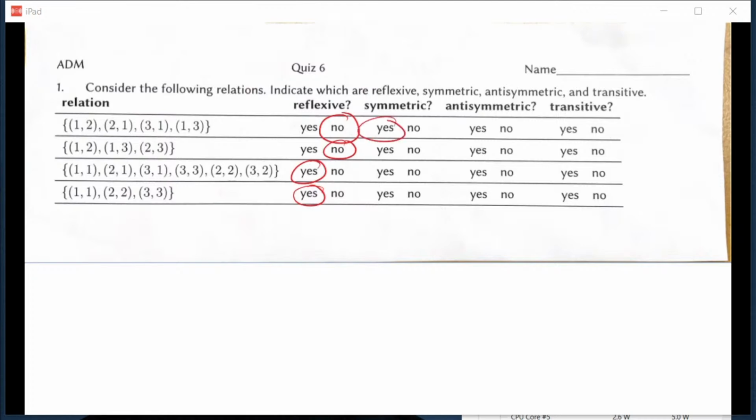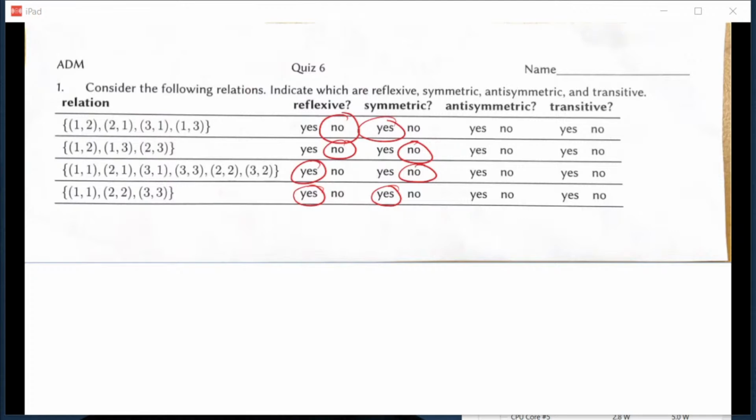That one's a yes, this one's a no. This one I think is a no, and then this one's a yes. Antisymmetric means that none of the reverses are there. So if you're symmetric, except for this last one, you can't be anti-symmetric.